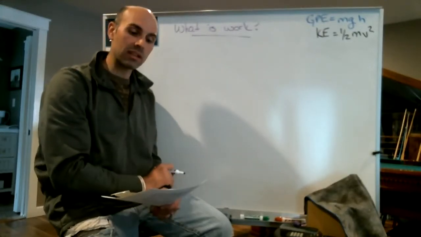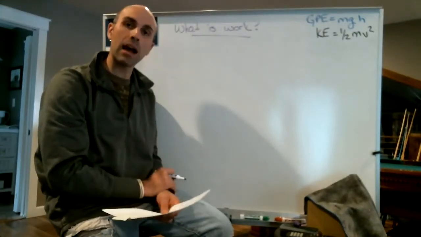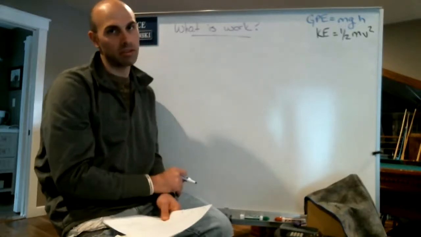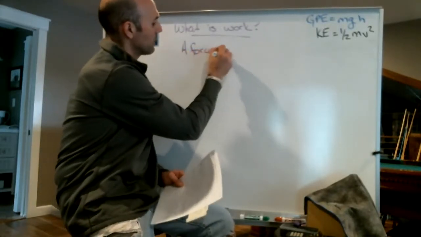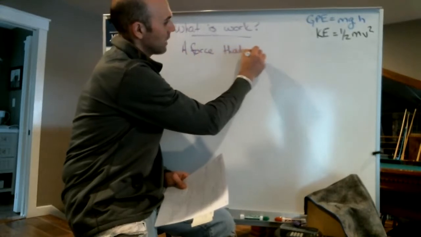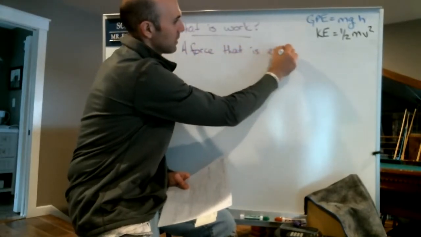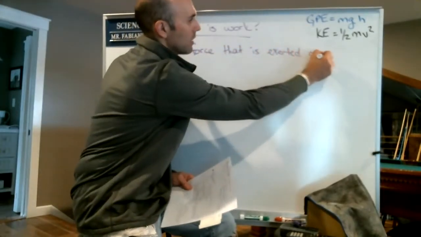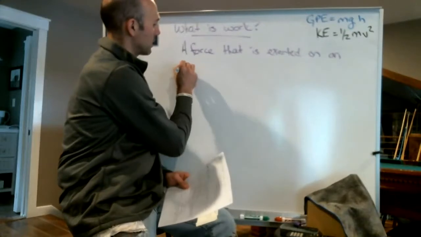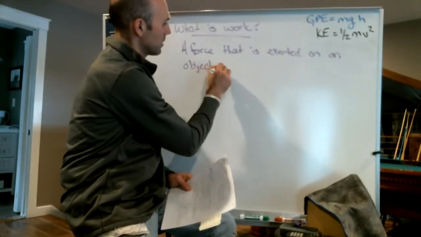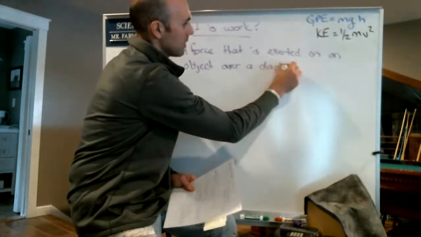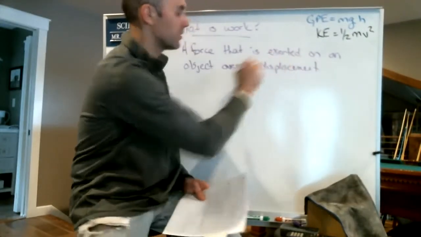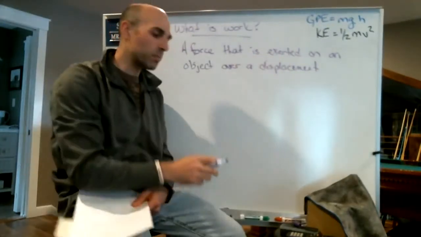Well, work specifically is a force that is exerted on an object over a displacement, okay? A force that is exerted on an object over a displacement. So what specifically does that mean?